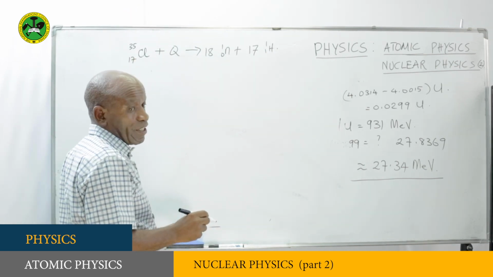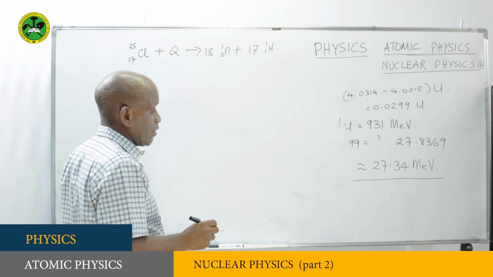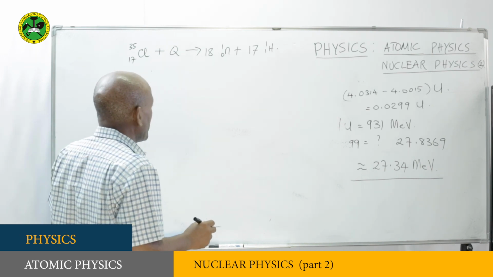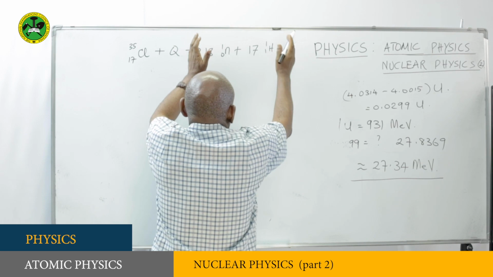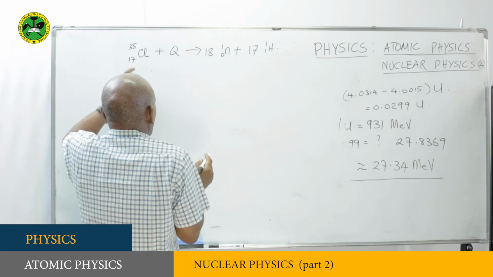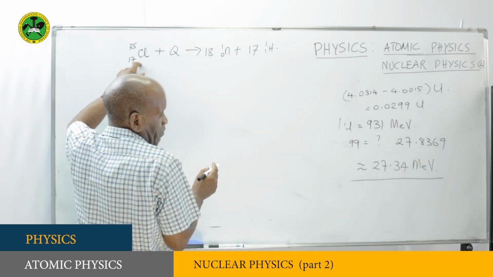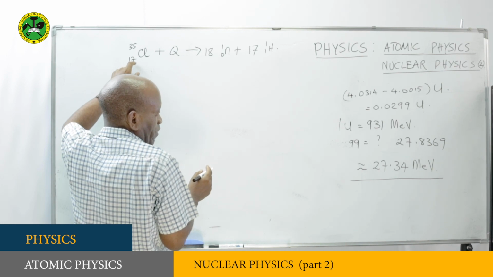So what I'm going to do, as I mentioned previously, is look at the atomic mass units of the products here and compare with the atomic mass unit of the chlorine there.